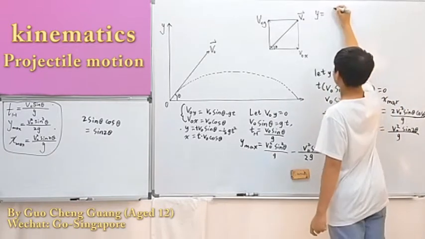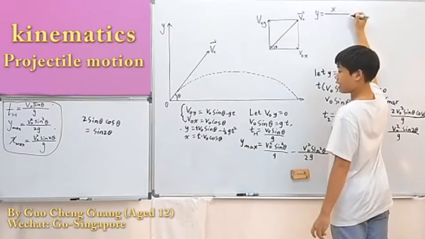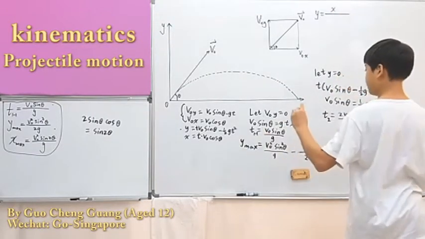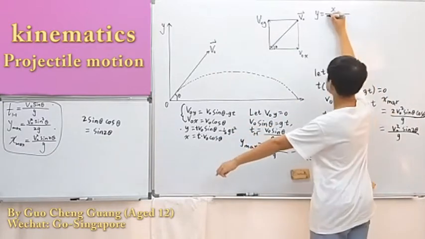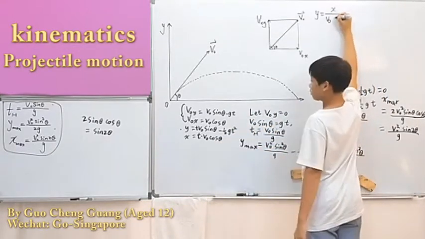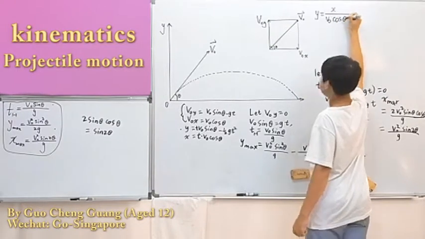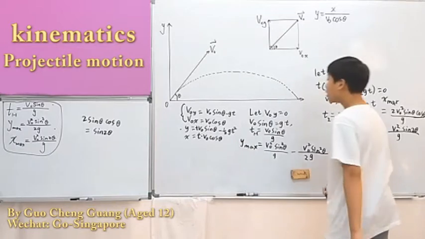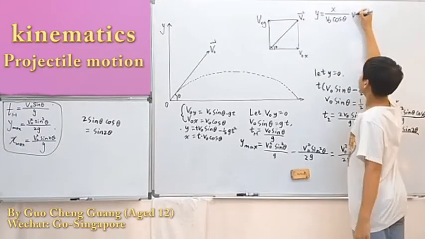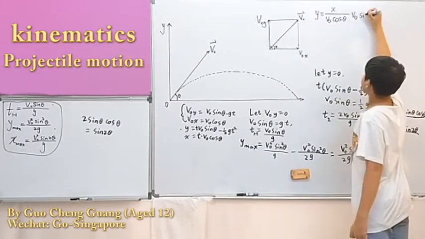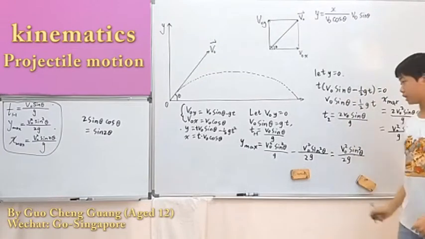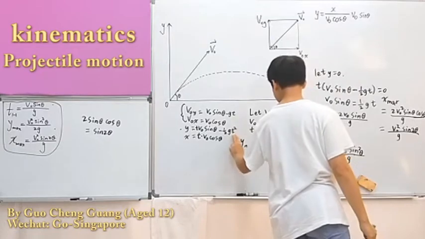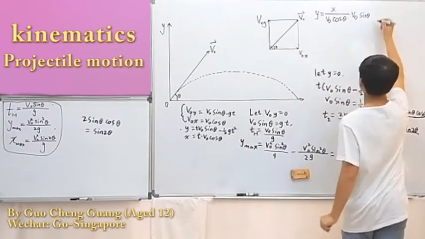That means what we will get is x times time over this part, the initial velocity times sine theta. And then here you also have to substitute into the part behind.